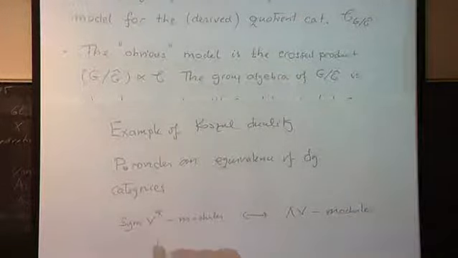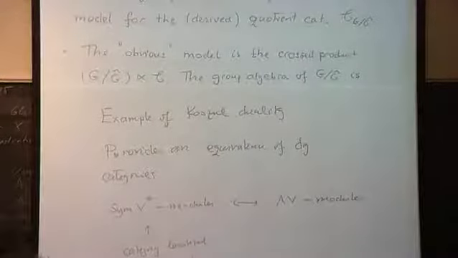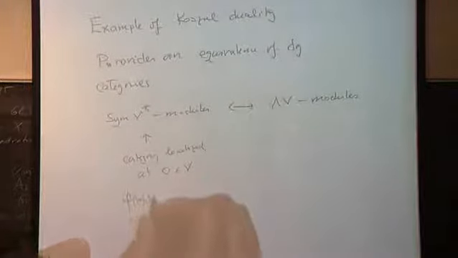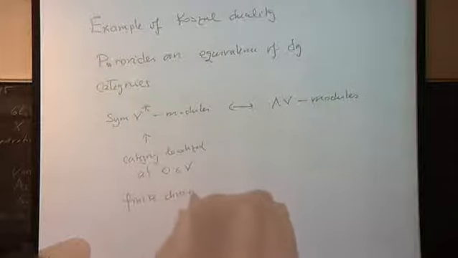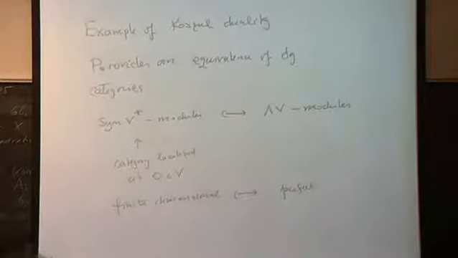And this is the category localized at 0. So there are several versions you can say, depending on which finiteness condition you choose. For example, finite dimensional on this side corresponds to perfect on the other side, as an example.